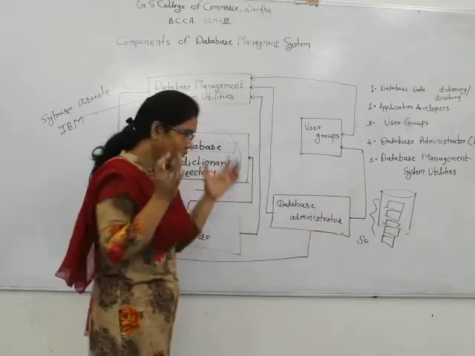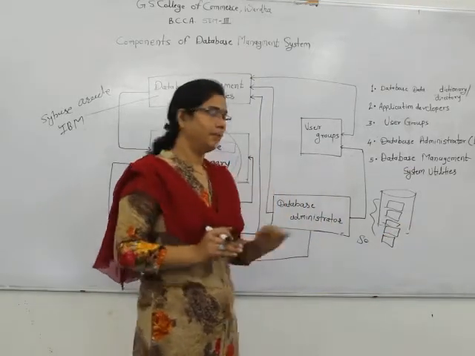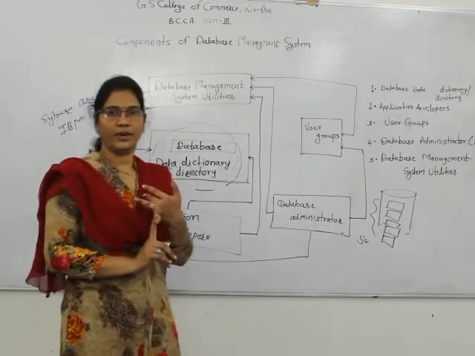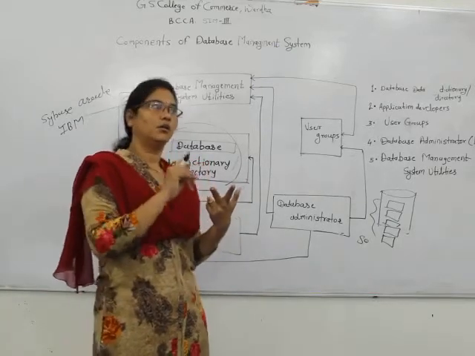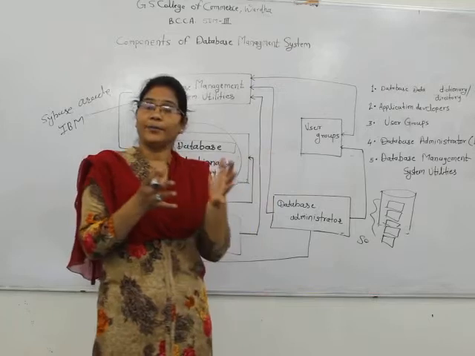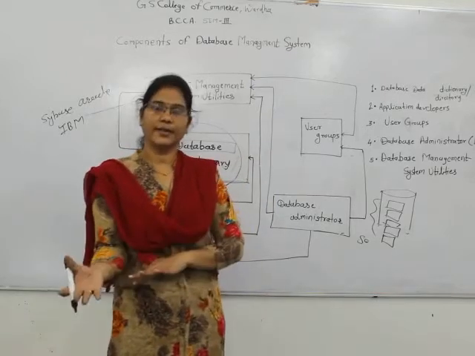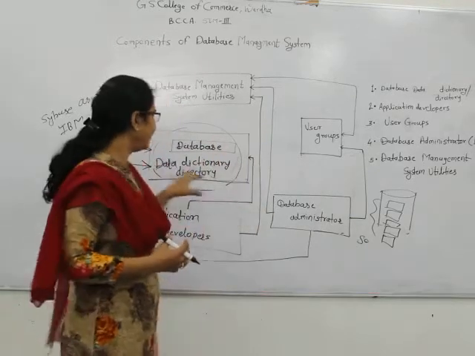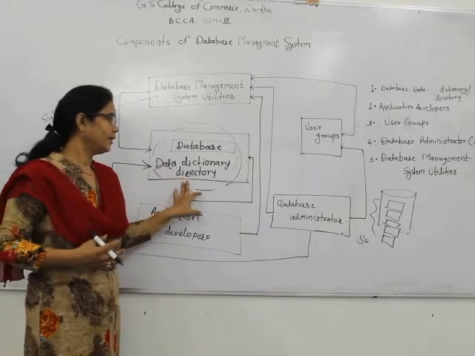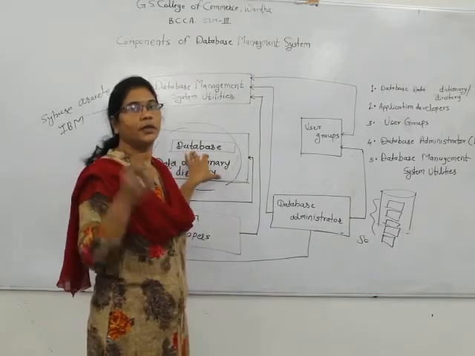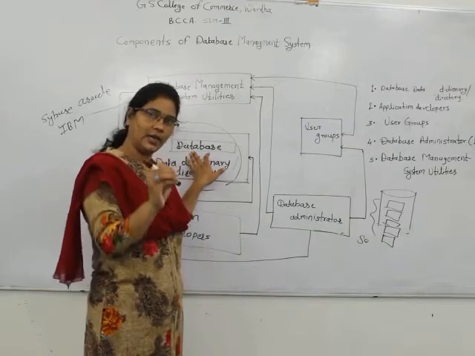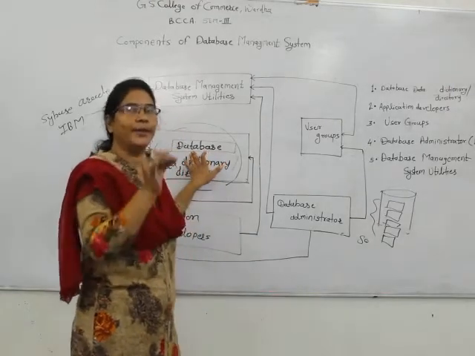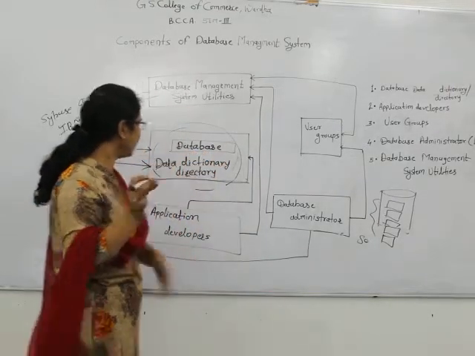How can I know? That is maintained by the data dictionary or data directories, like names of files, number of files, attributes, primary key, secondary key. Those relations and particular things are maintained by the data dictionary or data directory. So the database directory is nothing but the data which shows the data about the data. It is also called metadata. This is the second component.